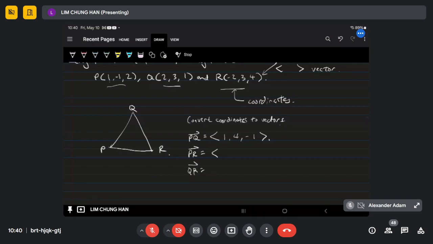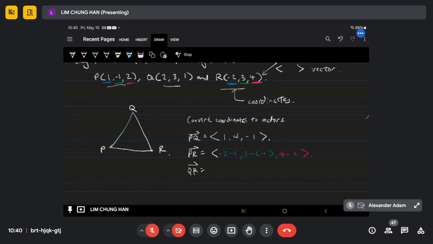You take the R term minus the P term, which is -2 minus 1, and then 3 minus -1, and then 4 minus 2.